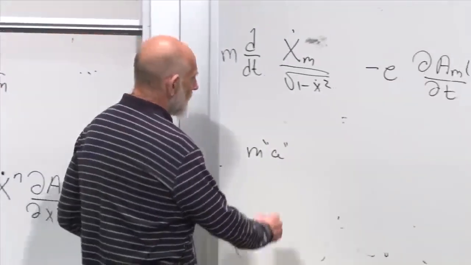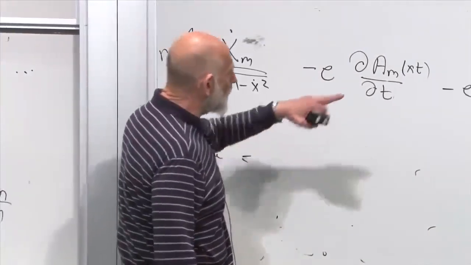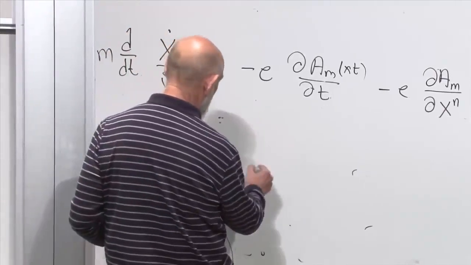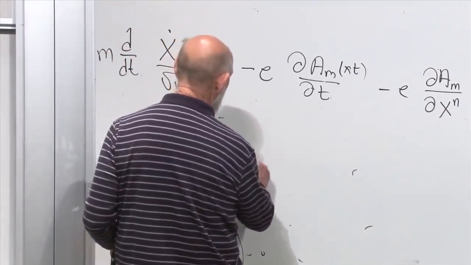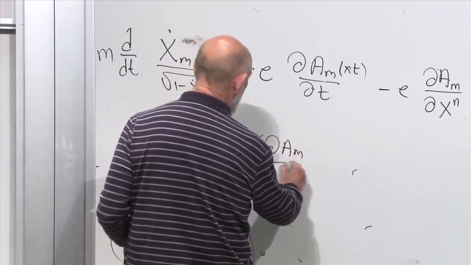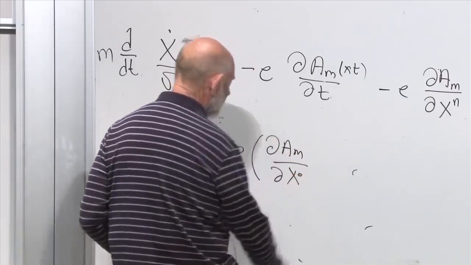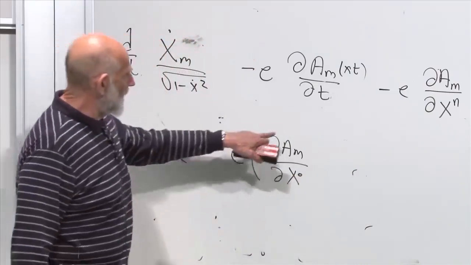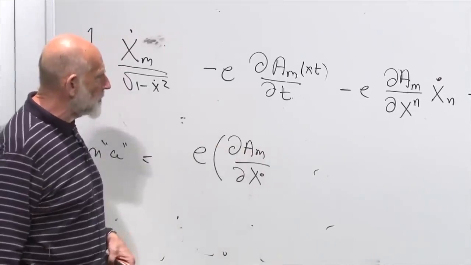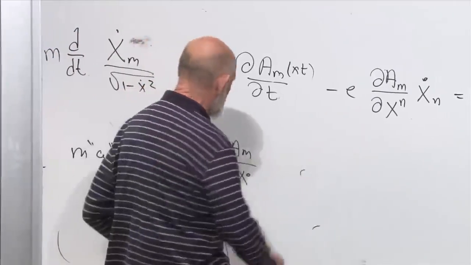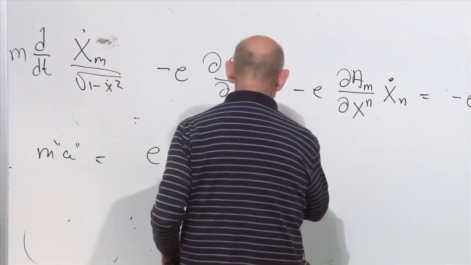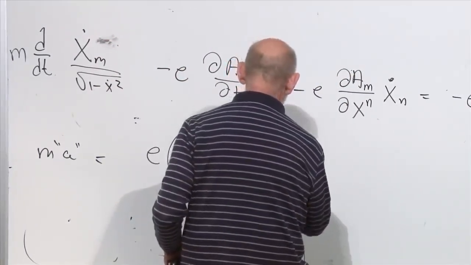On the right-hand side now, we have the two terms which don't involve velocities. We have e times dAm by dx naught, where I've now reverted to calling time x naught, minus the same e, dA naught by dxm.